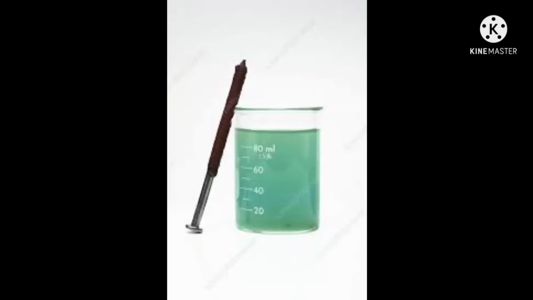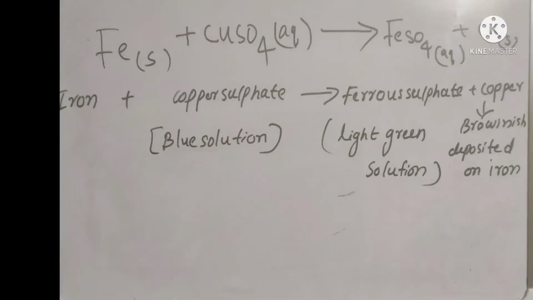The iron nail we placed inside becomes brownish in color, with a brownish coating on its surface. This shows that iron reacts with copper sulfate to give ferrous sulfate, a light green solution. In this reaction, the more reactive metal, iron Fe, displaces the less reactive metal copper from the copper sulfate.